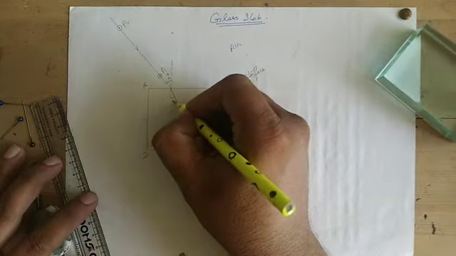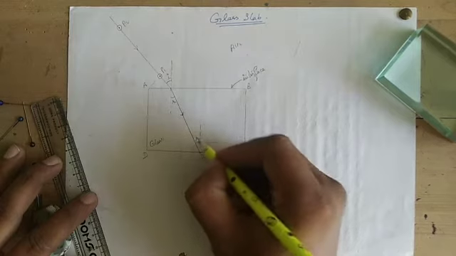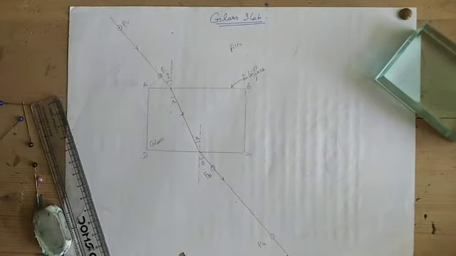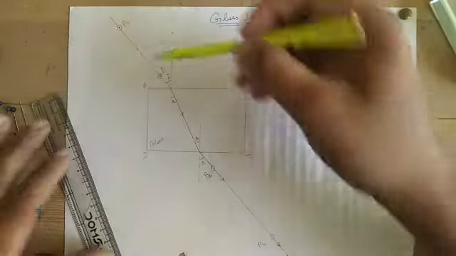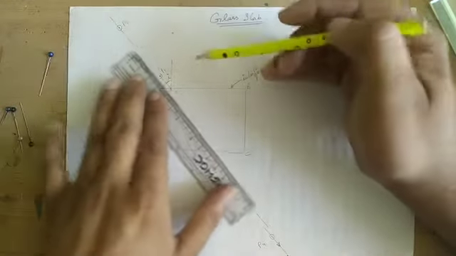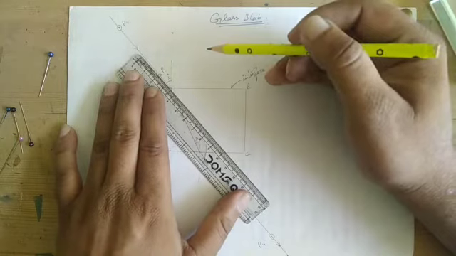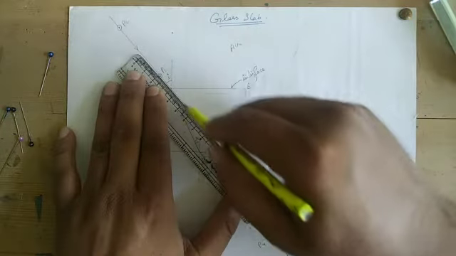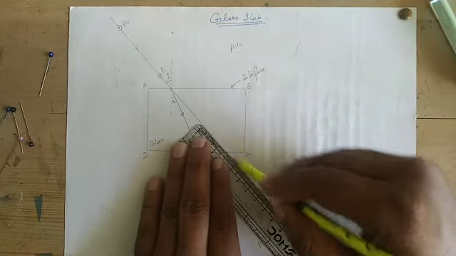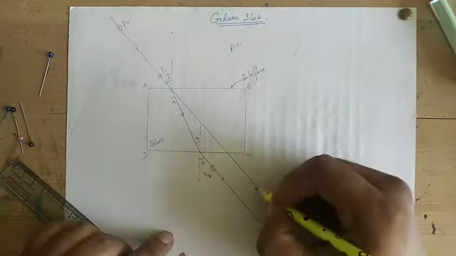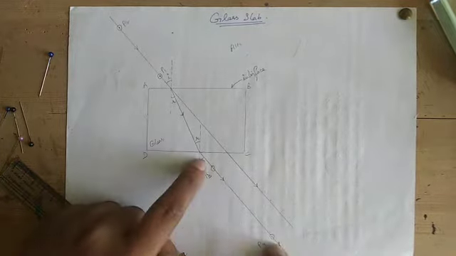This is the refracted angle and this is the emergent ray. Okay. Further students, if I extend this ray, the incident ray here shows that the incident ray is parallel to this emergent ray.